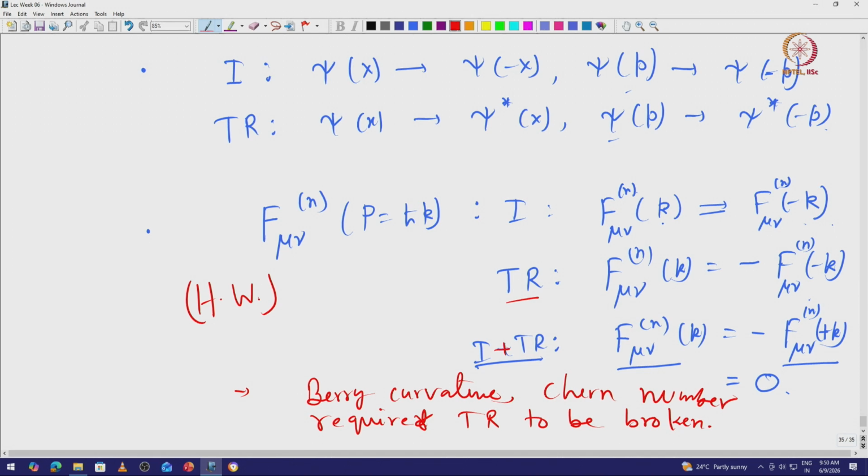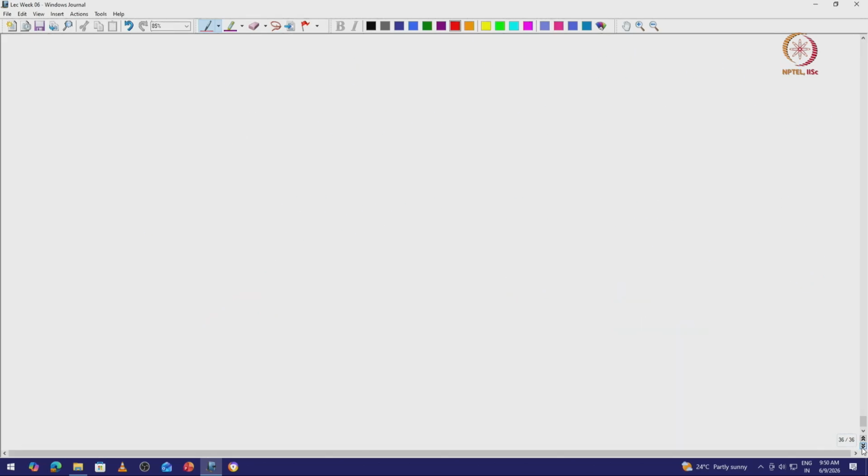So, I have completed the symmetry representation in first quantization.